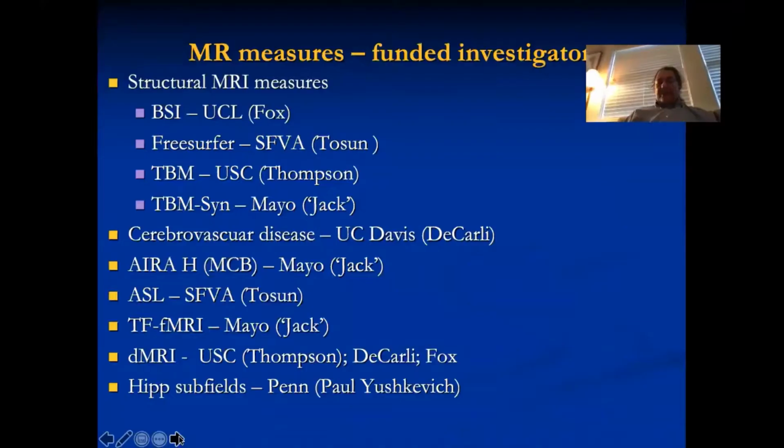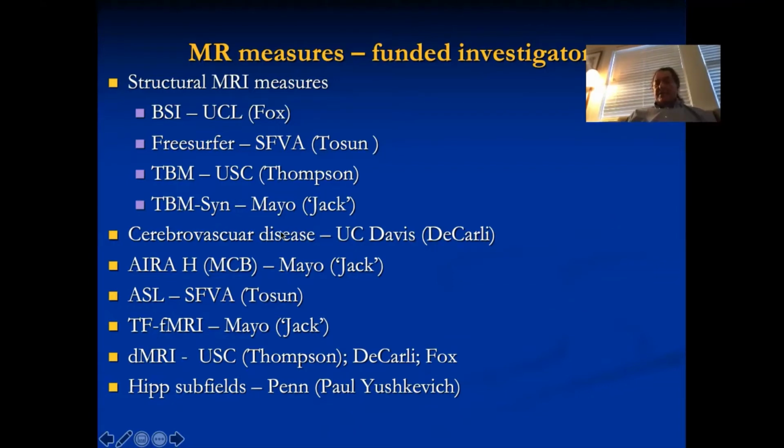Summarizes that we have a group of very distinguished investigators who are measuring these brain volumes and put their measurements on the database. So Nick Fox at the University College London does something called boundary shift integral. Yutugu Tosin at the San Francisco VA has FreeSurfer analysis. Paul Thompson at USC is using tensor-based morphometry, and the Mayo Group.